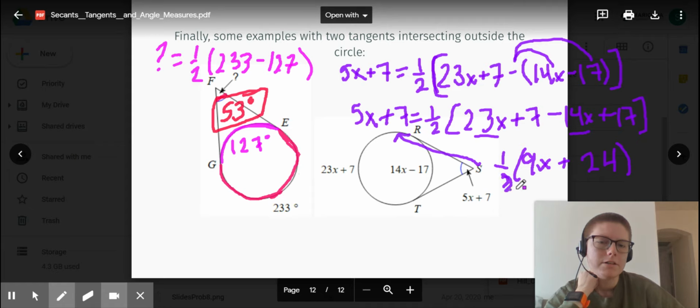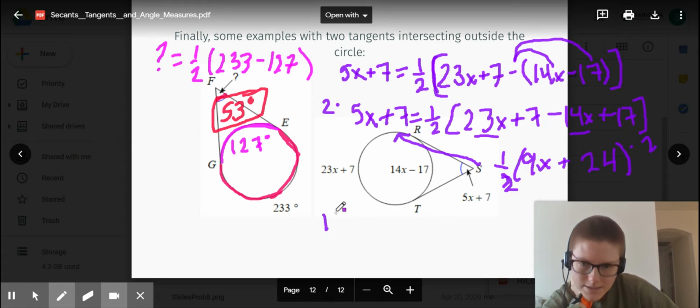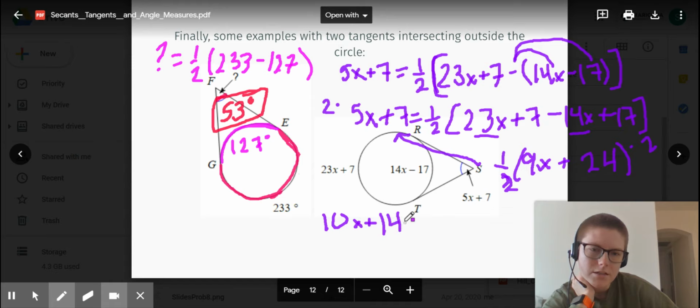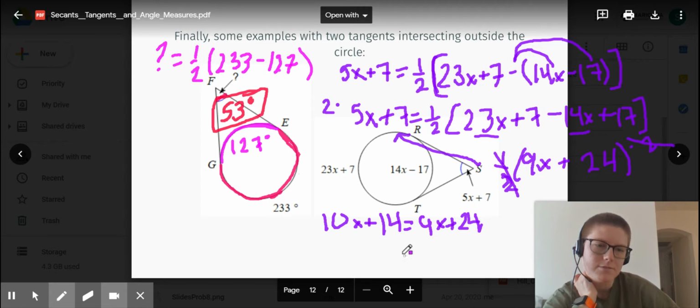Since this is an odd number, instead of distributing that 1/2, I'm going to multiply by 2. So 2 times 5x is 10x. 2 times 7 is 14, equal to 9x plus 24, because remember, multiplying by that 2 just gets rid of the fraction.